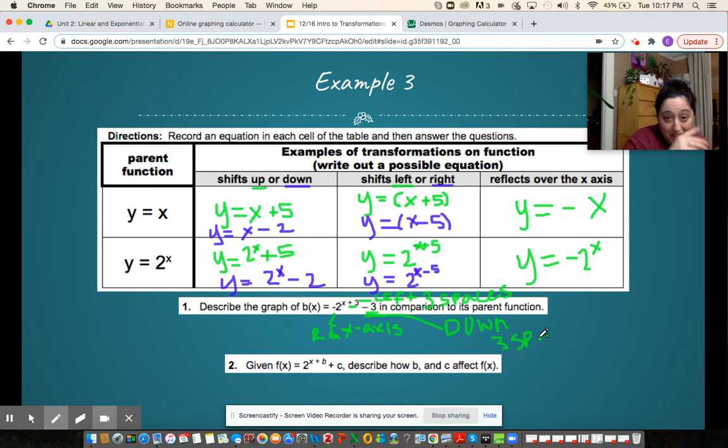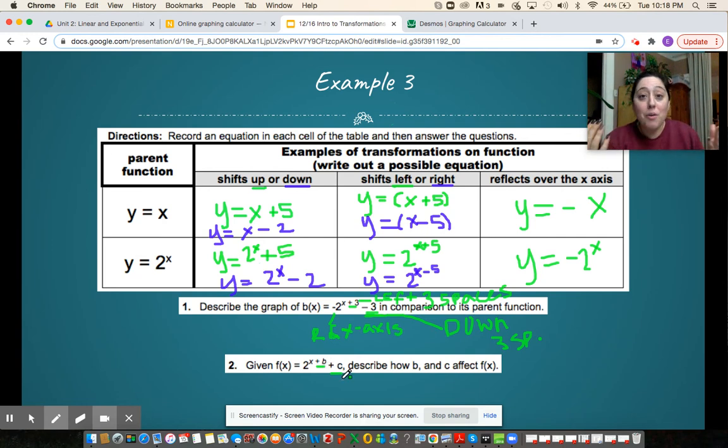So if I'm given a function right here, f of x equals 2 to the x plus b, this plus b means it's going left however many spaces b is, and this plus c means it's going up however many spaces c is. So the b makes it go left and the c makes it go up.